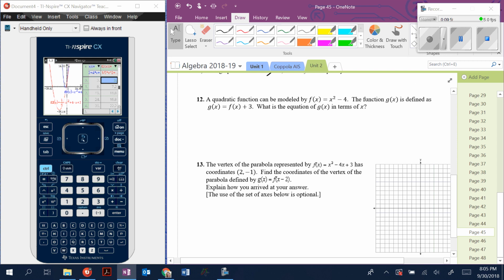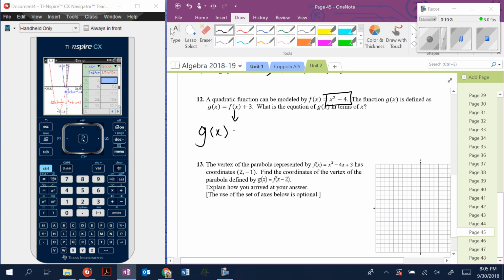Okay, question 12. A quadratic function can be modeled by f of x is equal to x squared minus 4. The function g of x is defined as g of x is equal to f of x plus 3. What is the equation of g of x in terms of x? Well, f of x is the same thing as x squared minus 4, right?